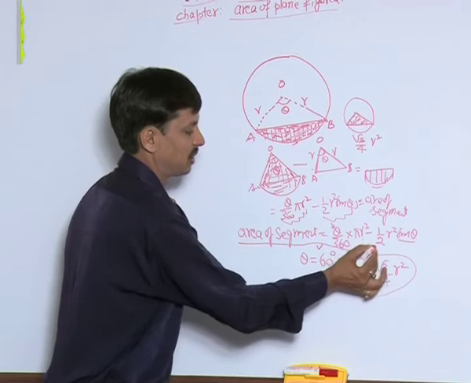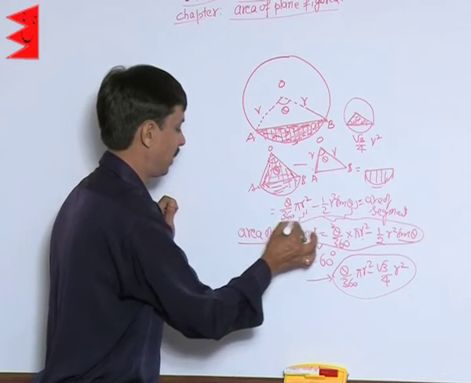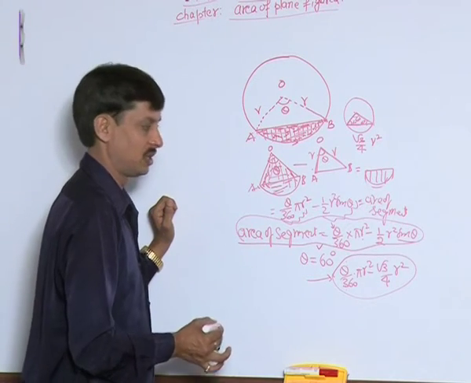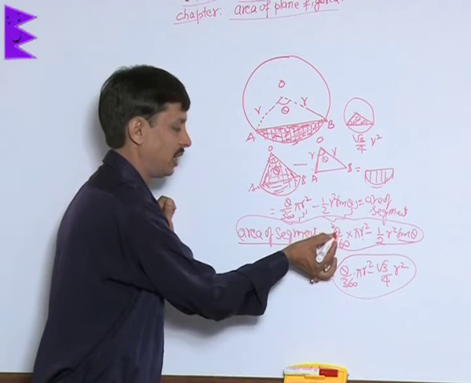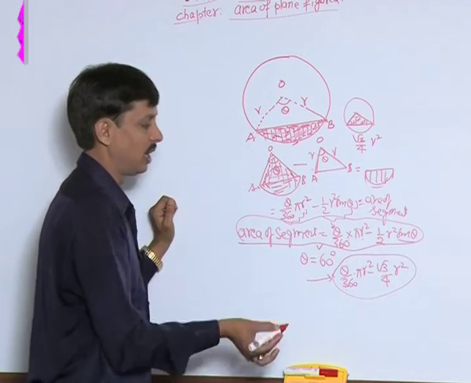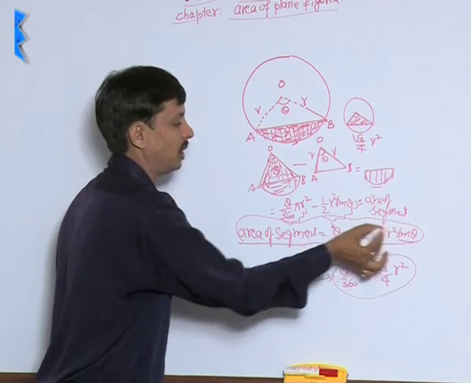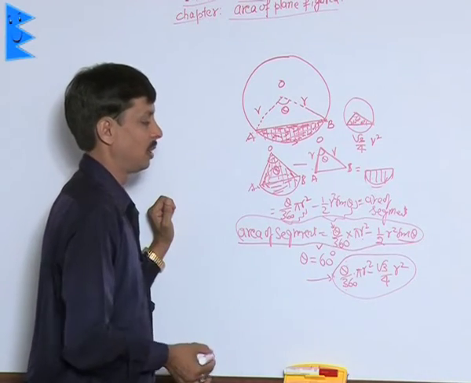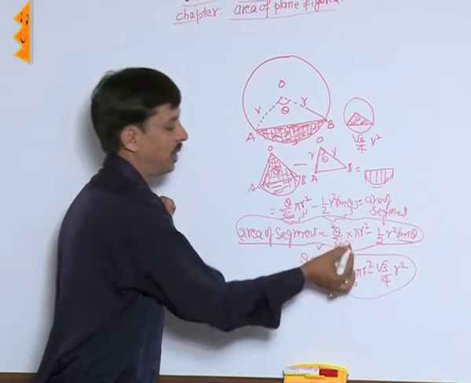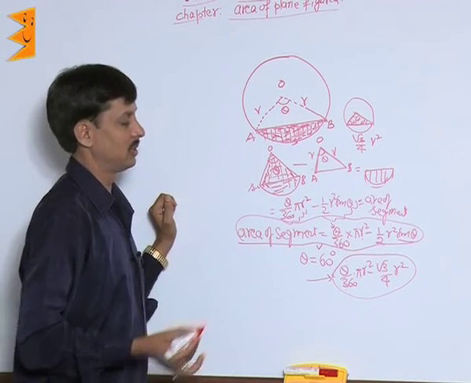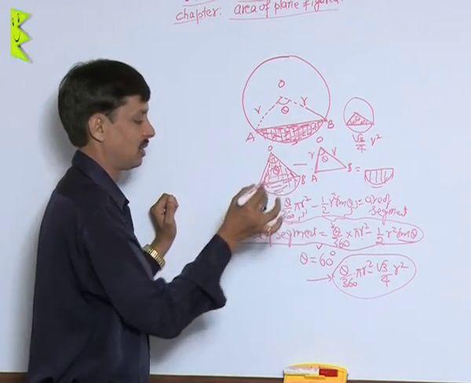This is the master result for finding the area of any segment, minor or major, because if theta is 180 degrees, then it is a semicircle. If more than 180, we will find the area of the major segment. If theta is less than 180, we will find the area of the minor segment.